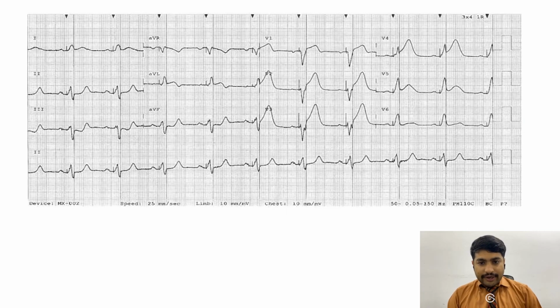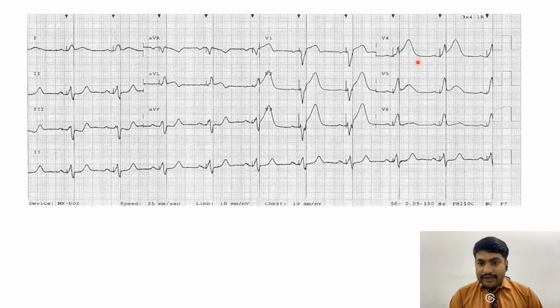So let's look at examples of ECG showing left bundle branch block and try to identify whether they have STEMI or not. First criteria was our concordant ST segment elevation in positive leads. What are our positive leads? V4 to V6.